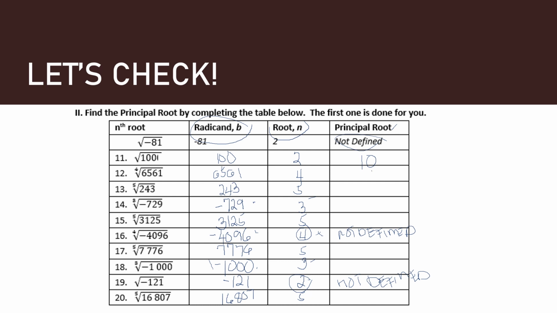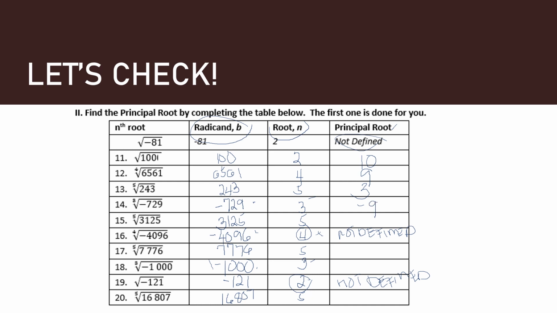So this is 9. Next, the fifth root of 243. So the result is 3. And then the third root, or the cube root, of negative 729. Since it is a negative number, the answer is negative, and that is 9.